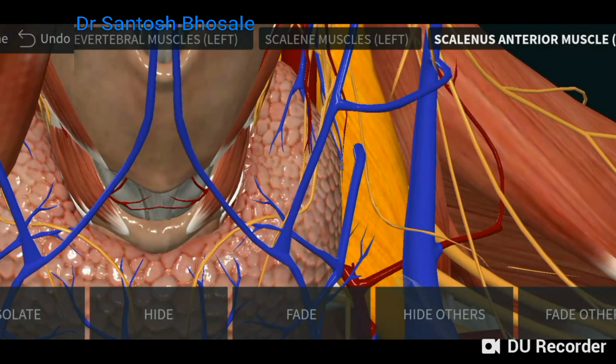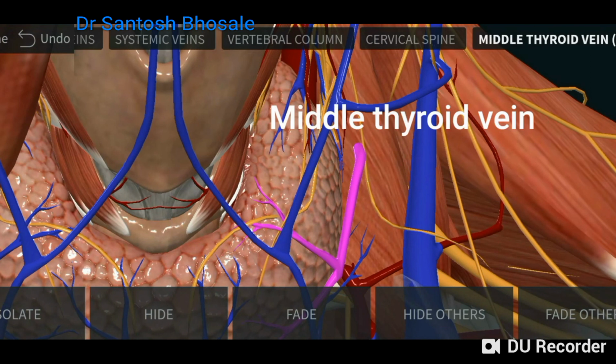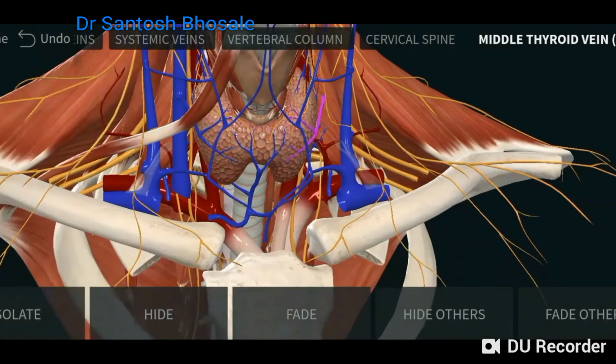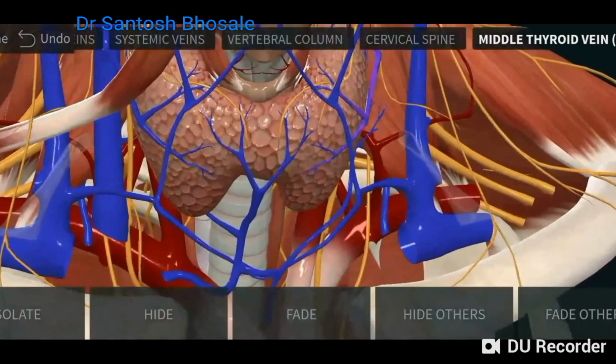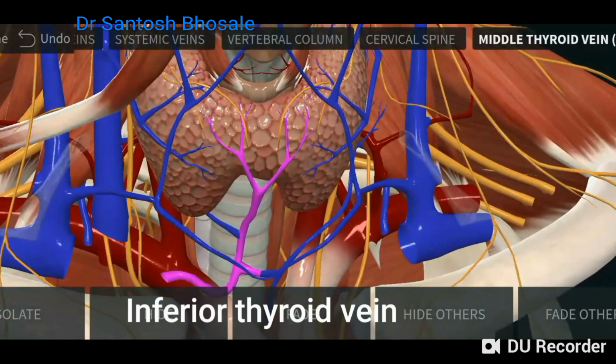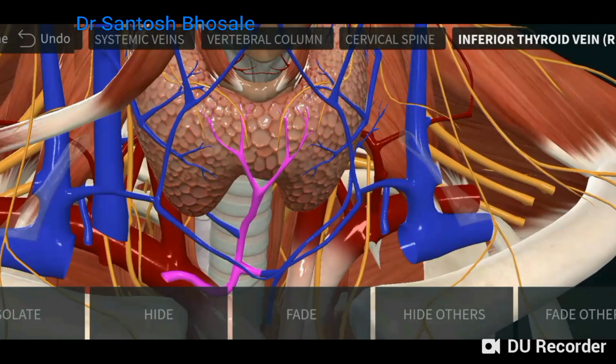That is there, superior thyroid vein. Then you will see middle thyroid vein. Superior and middle, they drain into respective internal jugular veins on their side, whereas inferior thyroid vein drains into left brachiocephalic vein.